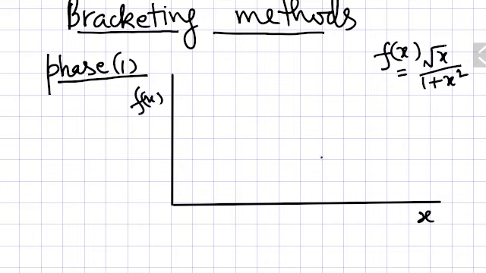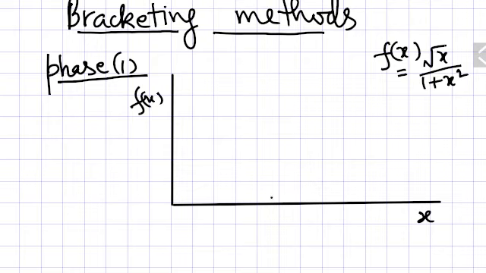So in phase 1, you take some approximate method. You don't want to find the minimum at the exact x value, you just want to find where that minimum is lying.